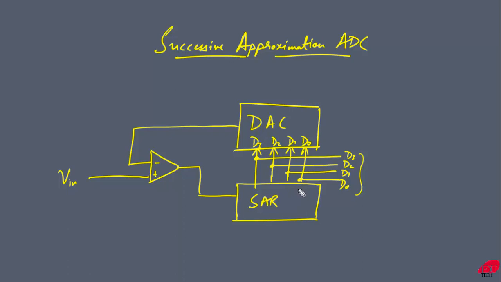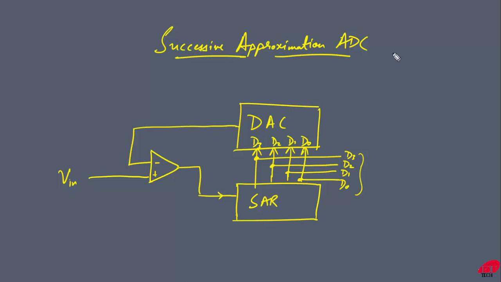Here we are considering a 4-bit ADC, hence 4 outputs are taken, and the same outputs are provided to the digital to analog converter, which converts these input binary values to the appropriate output voltage. That voltage is provided to the negative terminal of the comparator, and on the positive terminal we provide our input voltage, which is also provided to the successive approximation register again.